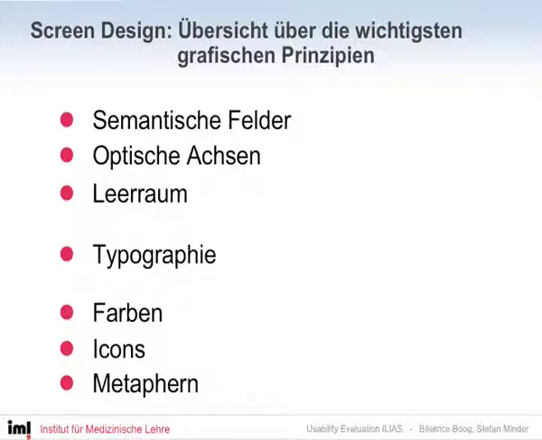And you need a concept about how to use colors, and the icons you are using must be really clear, simple icons. And if you are designing metaphorically, the metaphor must be clearly done.